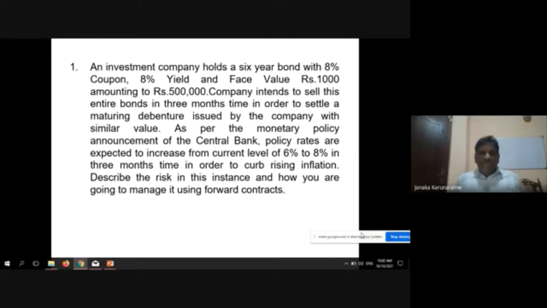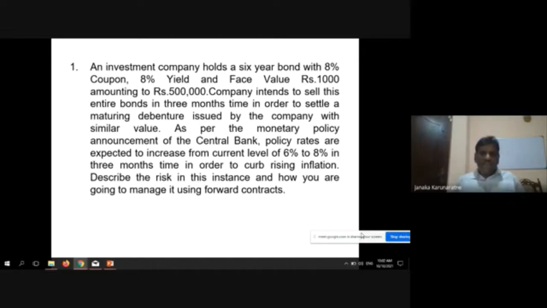As per the monetary policy announcement of the central bank, policy rates are expected to increase from the current level of 6% to 8%. So the policy rates, which are currently at 6%, are expected to increase to around 8% over the 3 months in order to curb the rising inflation.